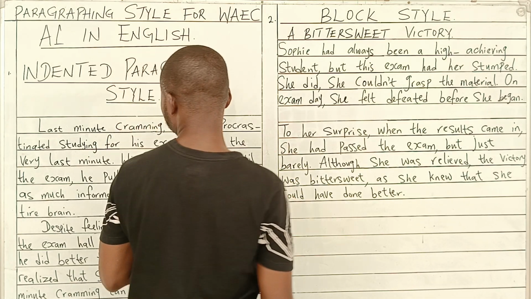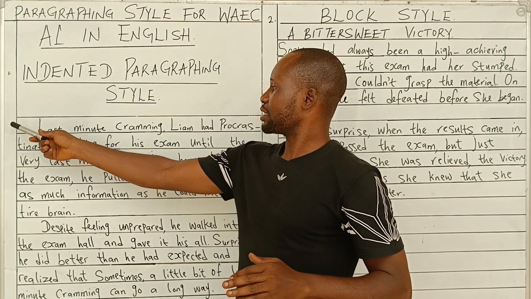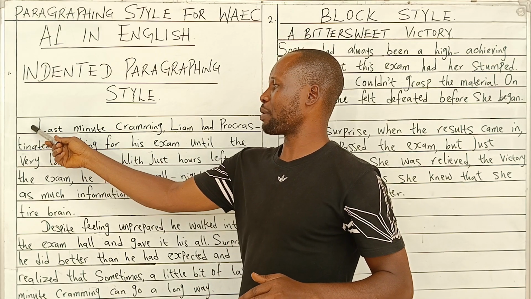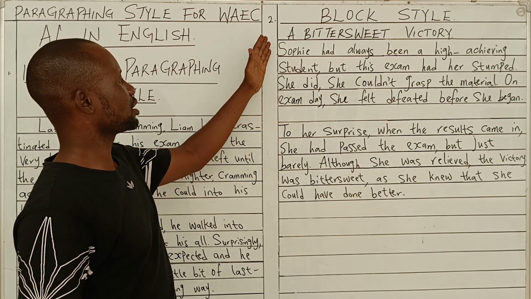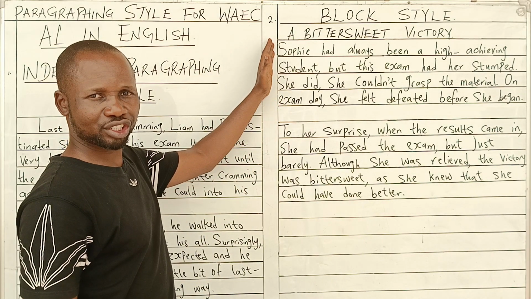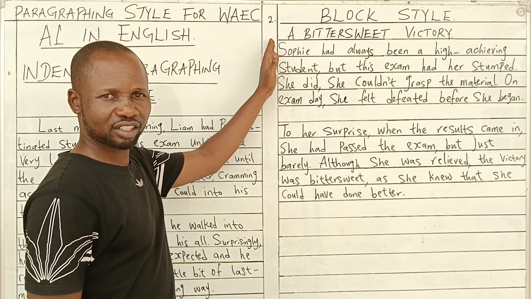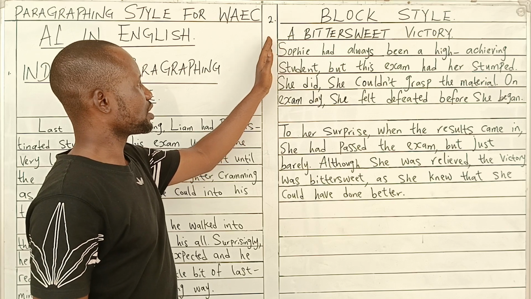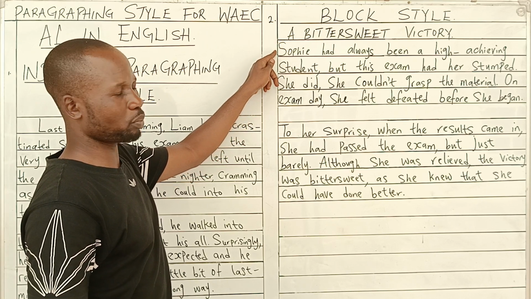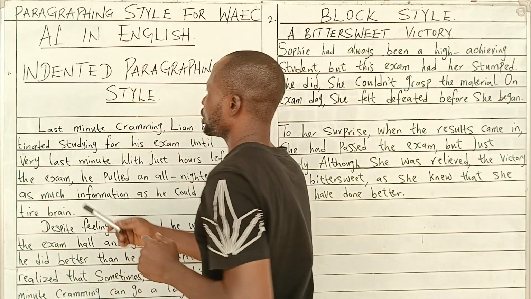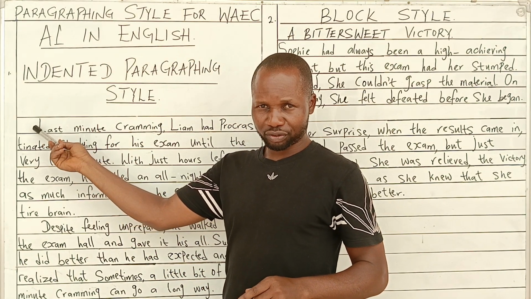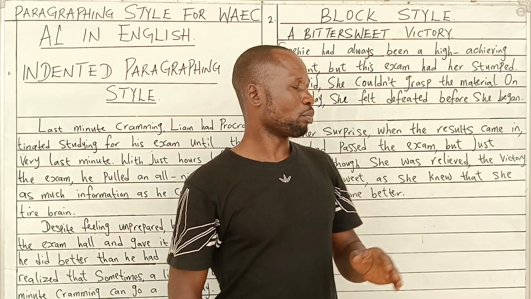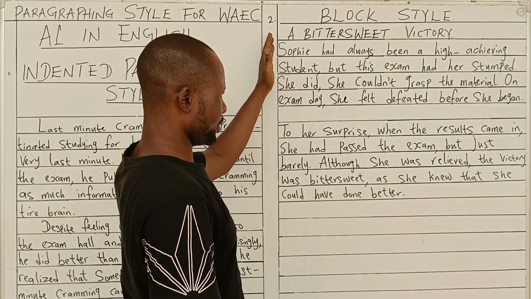You can see in indented, these are the margin. We shifted our hands, chopped off the edge. But in block style, we do not chop off the edge. This is just the difference. This one, we didn't chop off the edge, but this one, indented, the edge was chopped off. Do you get it? So block style starts immediately.